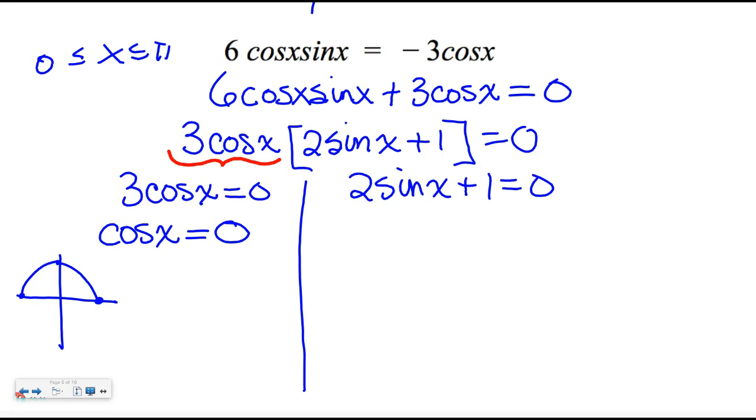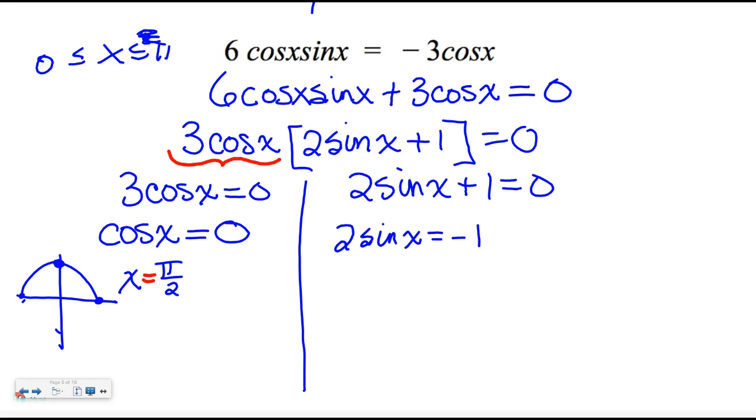Remember, cosine's the x value. So pi halves would be one solution. And you might say, and 3 pi halves also. Yep, if my domain had been to 2 pi, I'd include that as well. But I'm just restricting you to the top half of the unit circle. So we'll leave that one there. So always watch those domains.